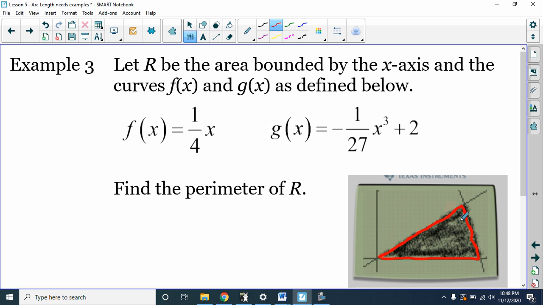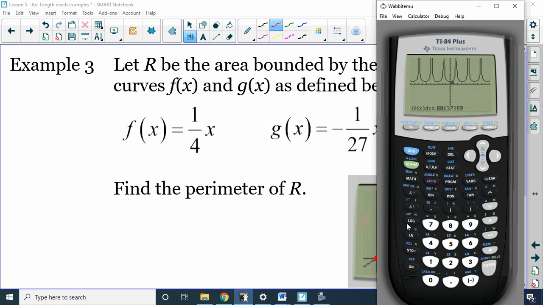This one is a calculator problem. So this point here is 0, 0. We can confirm that 0, 0 is on this curve. And if I know what this point here is, I can get this distance. We can find that by graphing.